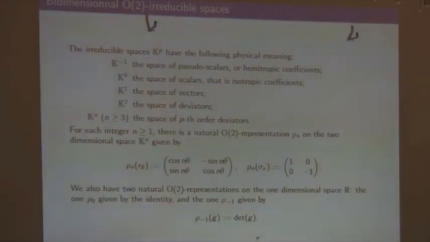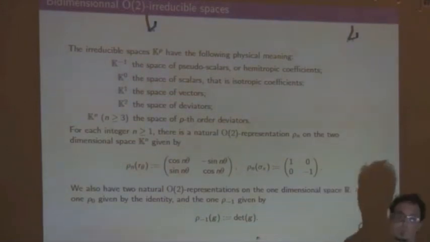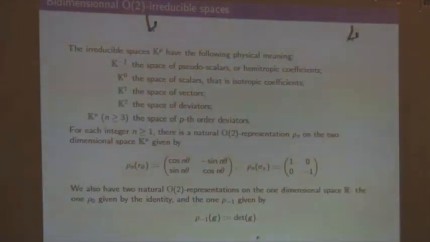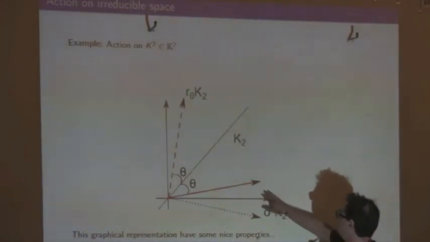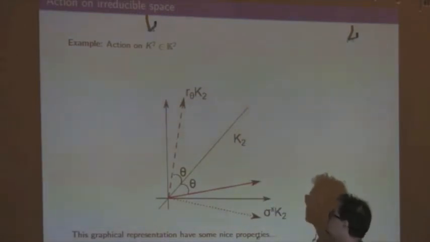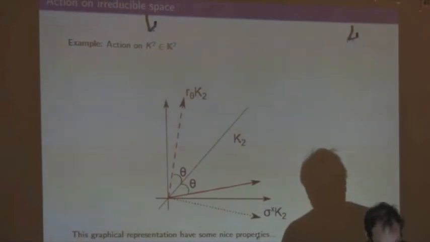Okay? And in O2, we also have the mirror operation. One representation for this mirror is that one component is mirrored according to the x-axis. That's why we can represent the action in a very simple way. Here, I just represent an element of K2, so an elasticity tensor in an adapted frame.